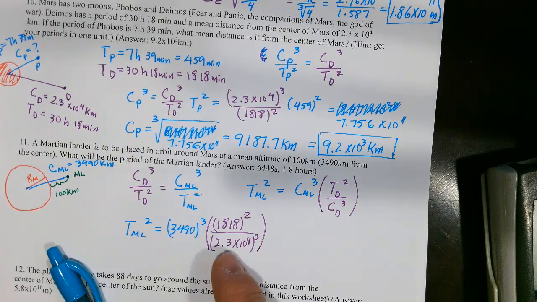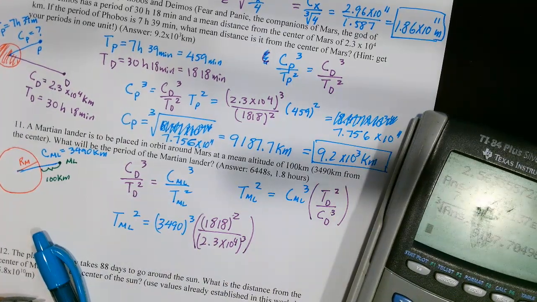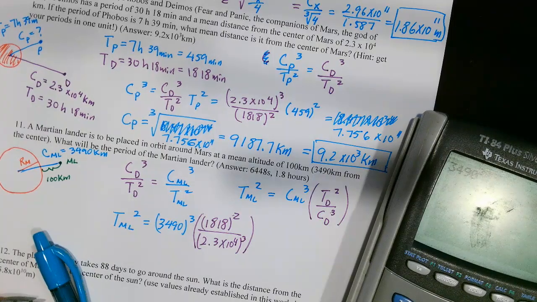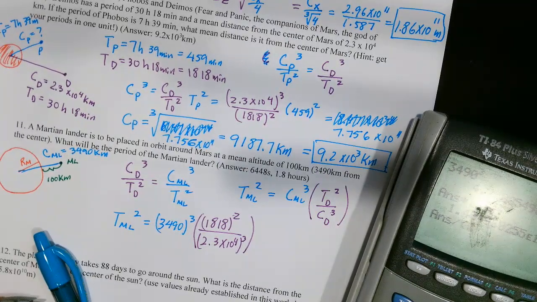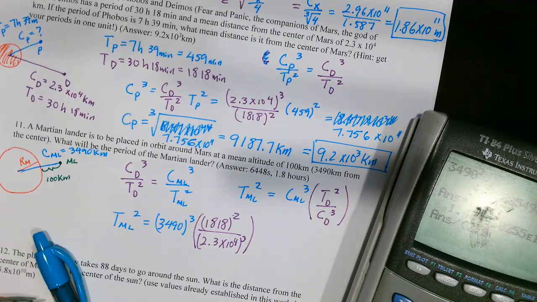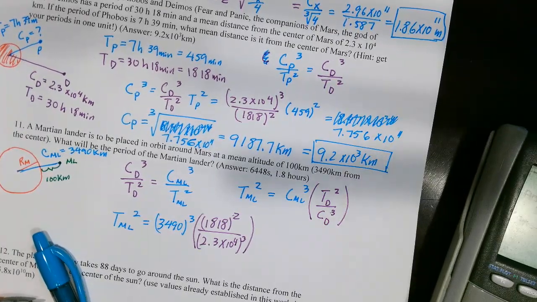So if you work that out, let's see what we get. We get 3490 cubed, times 1818 squared, divide that by, now don't forget the parentheses again, like don't make the mistake that I did, 2.3 EE to the fourth, cubed. Okay, so what do I get?